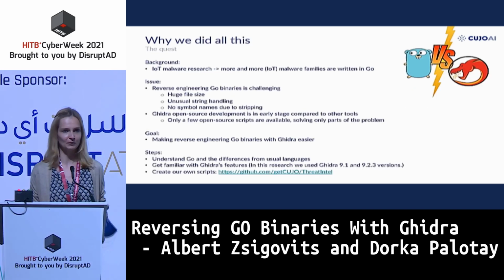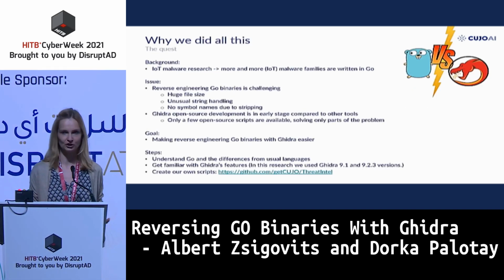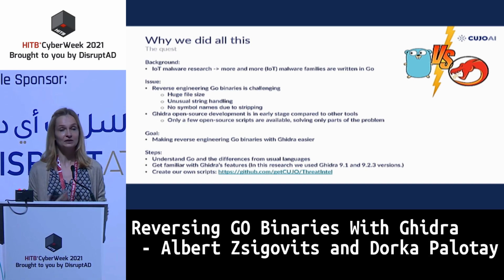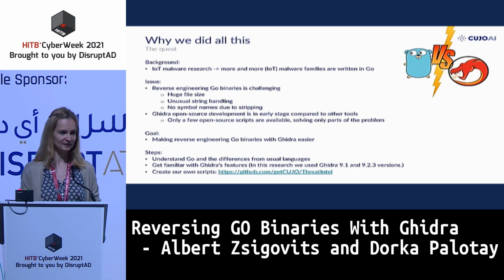So a few words about why we did this research, how this whole thing started. At Cujo AI, our team is focusing on IoT malware research, analyzing botnets and different IoT malware families. And we realized that we see more and more samples written in Go, not just IoT malware, but malware in general.